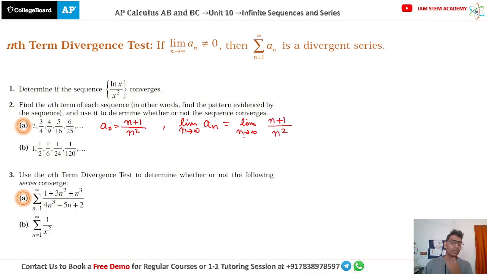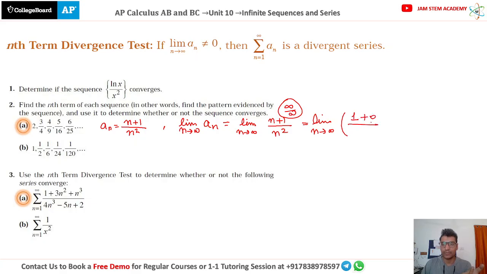Now you know how to simplify the limiting values. Either use L'Hopital's rule, or you can take out the highest powers common from both numerator and denominator. If I use L'Hopital's rule, because it is giving me infinity upon infinity form, you have to differentiate the numerator first. So what is that? 1 plus 0.